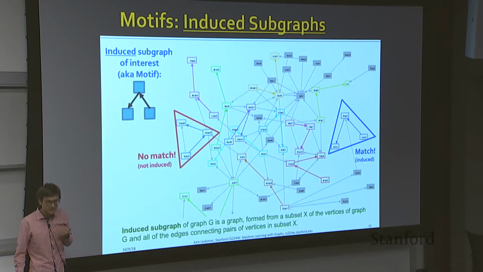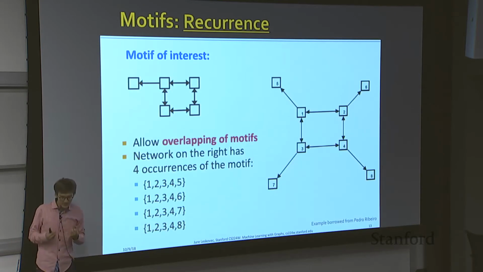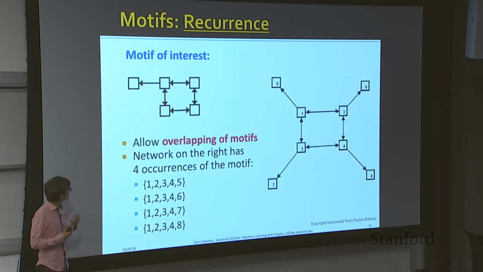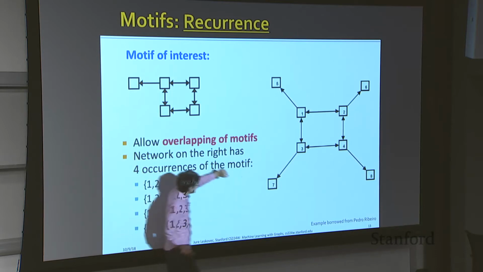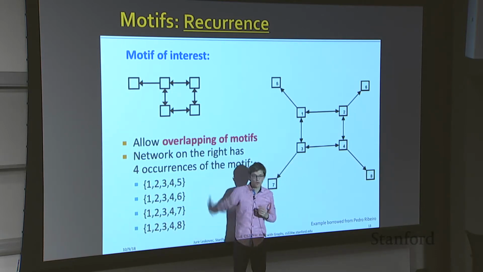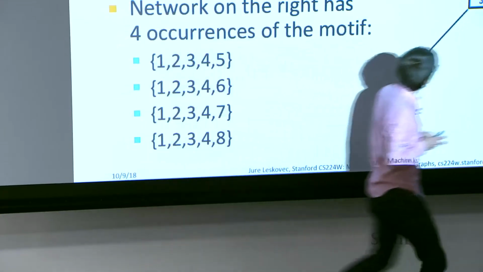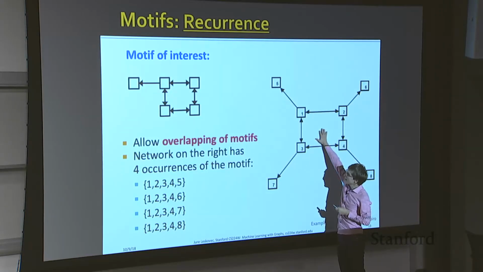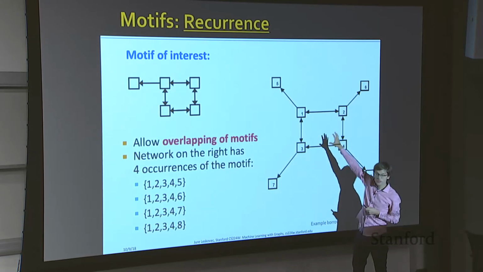Now, the second thing, we need to define the notion of occurrence. And the notion of occurrence is such that we allow for overlaps. The best way to illustrate this: if this is my motif of interest, and this is a toy graph, then in this graph, my motif of interest occurs 4 times, right? The reason it occurs 4 times is because we have this bidirectional rectangle here, and then we have one outgoing edge from the rectangle, right?